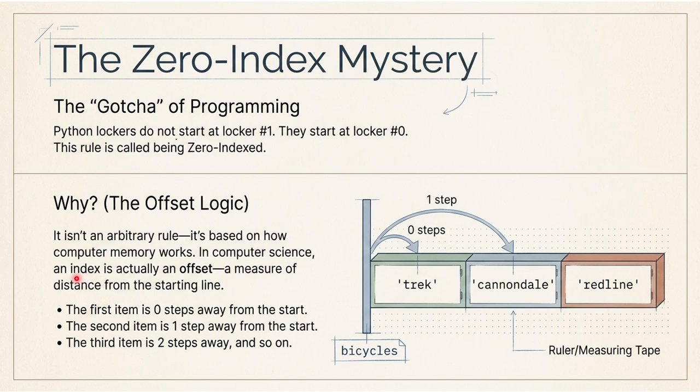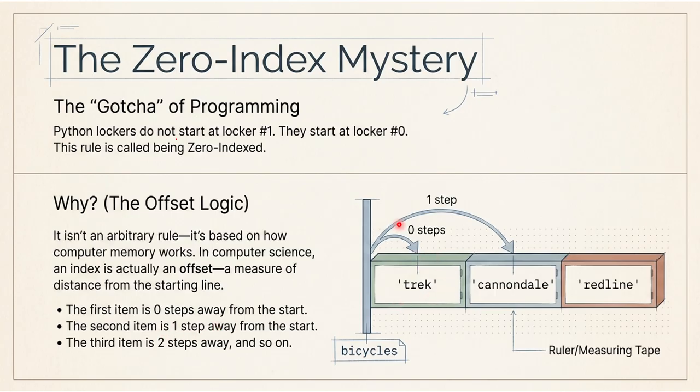In computer science, an index is actually an offset, a measure of distance from the starting line. So it is a measure of how far you are from the starting line. If you see Track, and this is your starting line, Track is 0 steps away from the start, so that's why its index is 0.